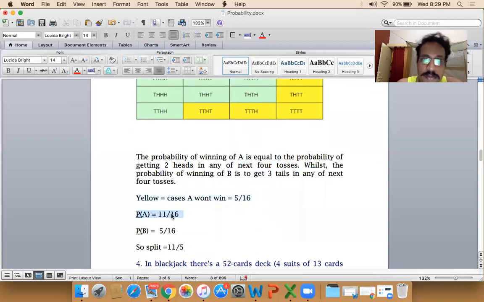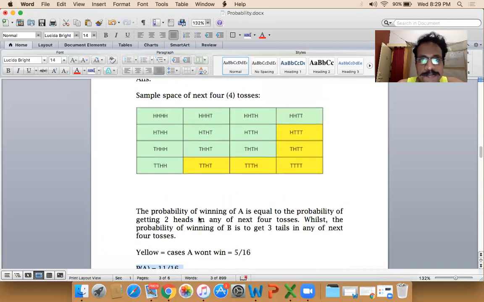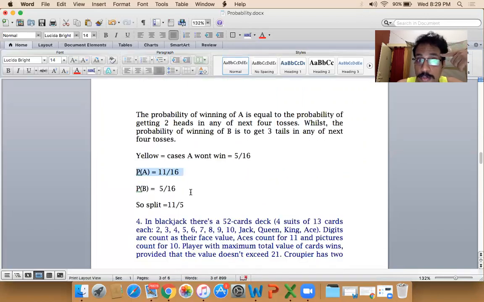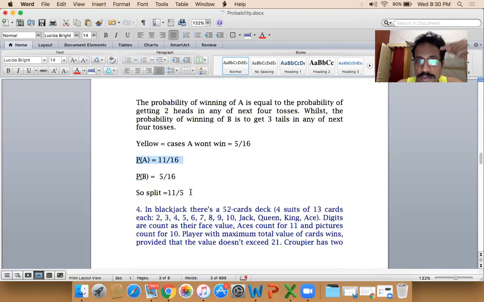So the winning probability is high for A, which is 11 by 16, because he just needs 2 heads, which is all the green outcomes in the sample space here. Now the probability of B, the yellow outcomes, is 5 by 16. So how will you split? It's pretty simple now. You split the prize money in the ratio of probability of A divided by probability of B, right? Which is 11 by 5.